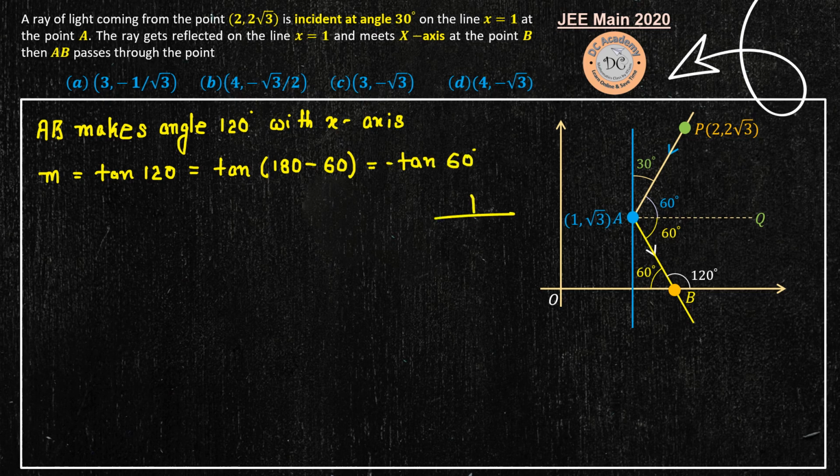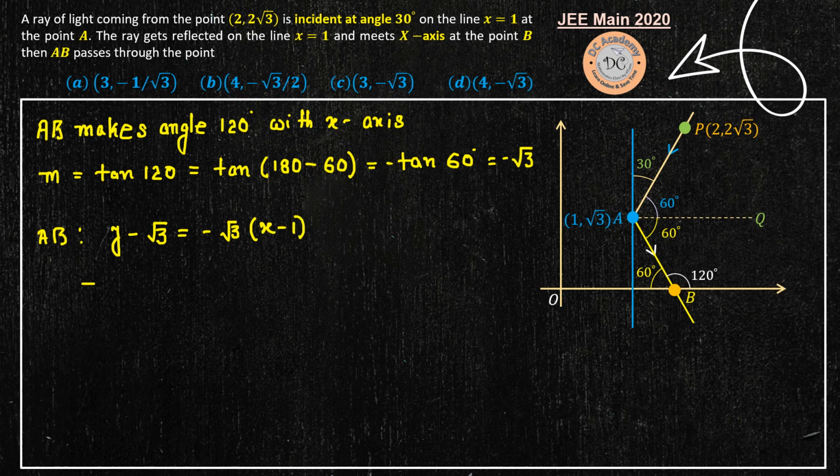Why? Because we know that in the first quadrant, all of sine, tan, and cos are positive, and 180 minus 60 lies in the second quadrant. In the second quadrant, sine is positive and the remaining are all negative. So it is minus tan 60. So the slope will be minus root 3. Also AB passes through the point A. So the equation of the line AB is written as y minus y1, where y1 is root 3, equal to the slope, minus root 3, into x minus 1.